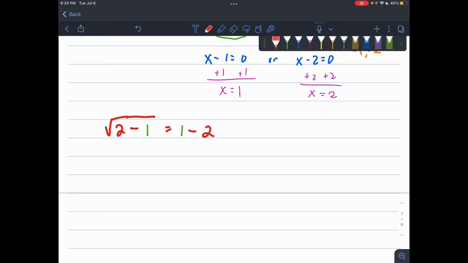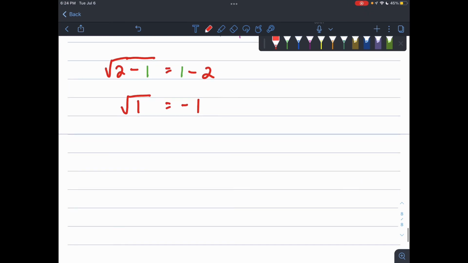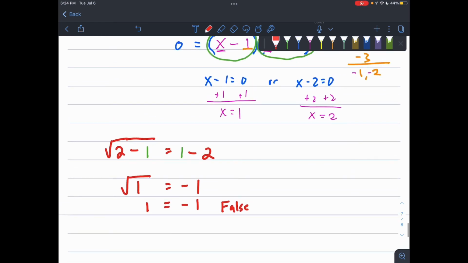So I just plugged in 1 where all the x's would go. 2 minus 1 is 1. 1 minus 2 is negative 1. The square root of 1 on the left is 1. So 1 equals negative 1. That's actually false. So what that means is that 1 doesn't work.